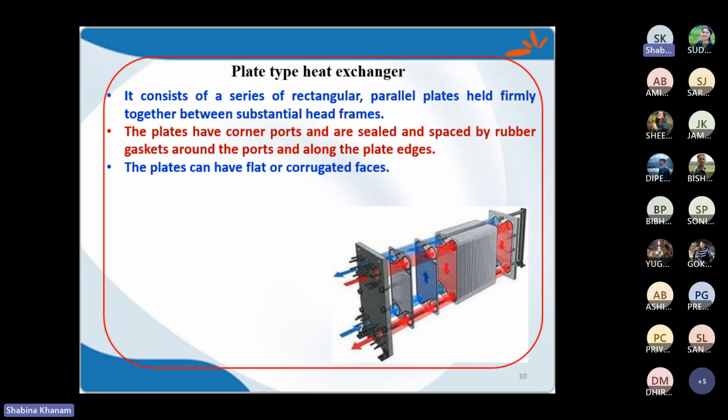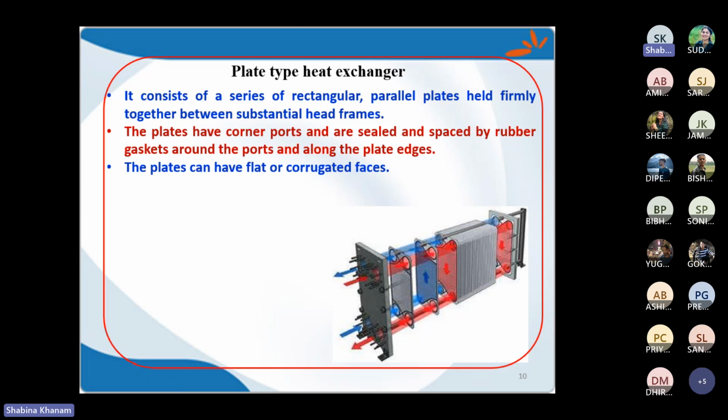Therefore, if you compare the heat transfer coefficient for a plate type heat exchanger and a shell and tube heat exchanger, that heat transfer coefficient is very high in this plate type, in the same given heat transfer area. Okay, heat transfer area should not be changed.